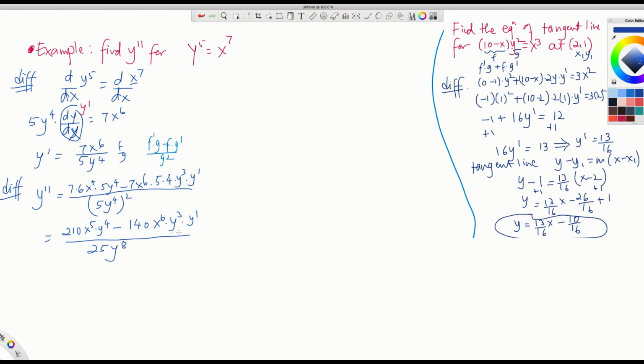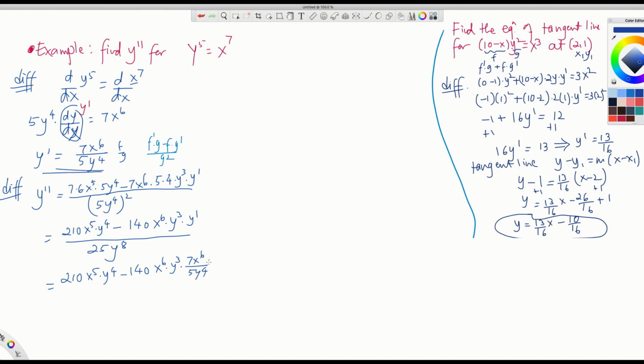You see that? But what is the value of y prime? You plug in from here. y prime I will plug in from here. So this is what I will get: 210 x to the 5 times y to the 4 minus 140 x to the 6 times y to the 3 times y prime, which is 7x to the 6 over 5y to the 4.